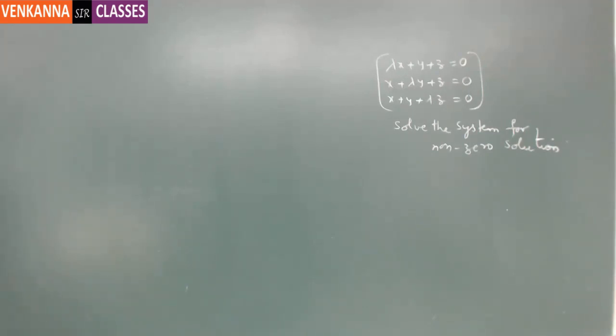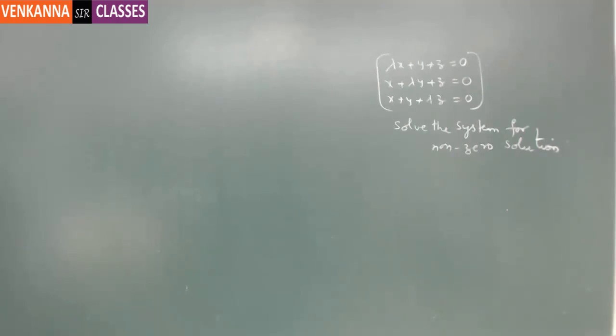If you look at the question tag, solve the system for non-zero solution, it involves two things. One, you need to identify for what values of lambda you will have a non-zero solution, and you have to determine that solution completely. So two cases are involved here.